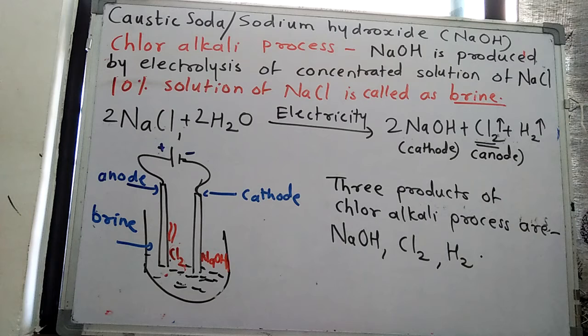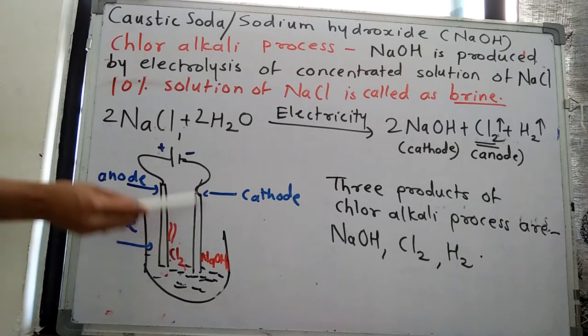When we take the 10% solution of NaCl, that is brine, and pass an electric current through it, then we will get as a product sodium hydroxide. So this process in which sodium hydroxide is obtained by the electrolysis of sodium chloride, that is the brine solution, is the chlor-alkali process.